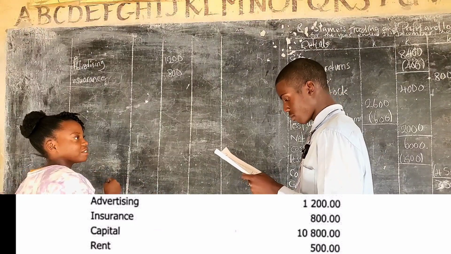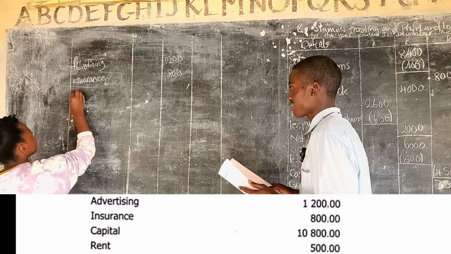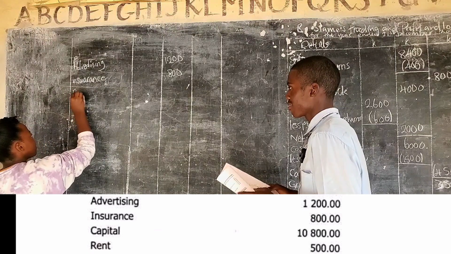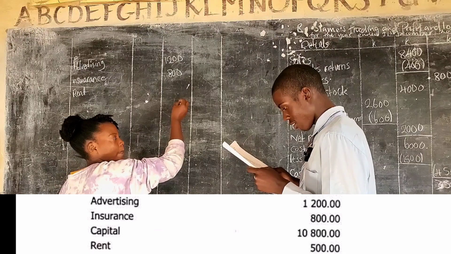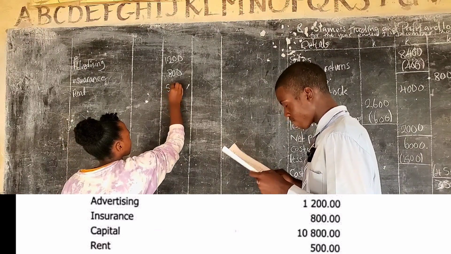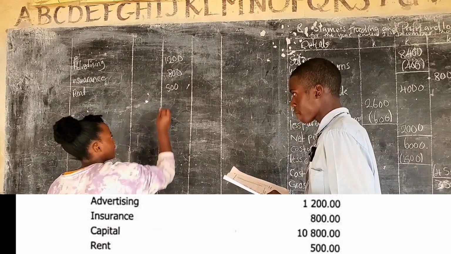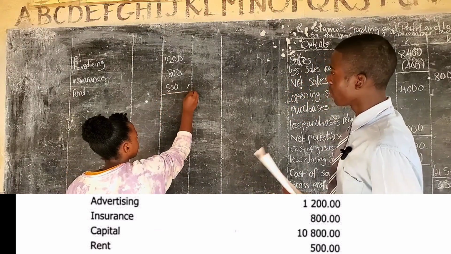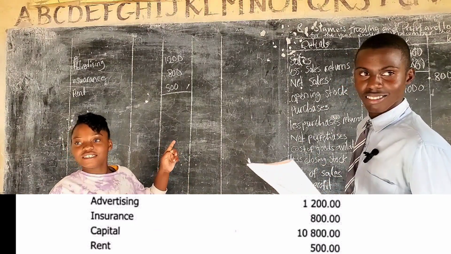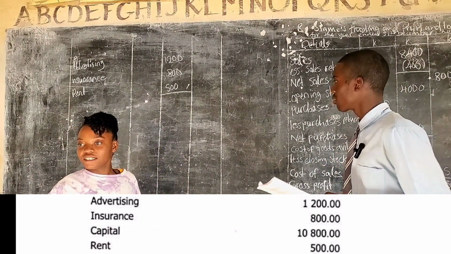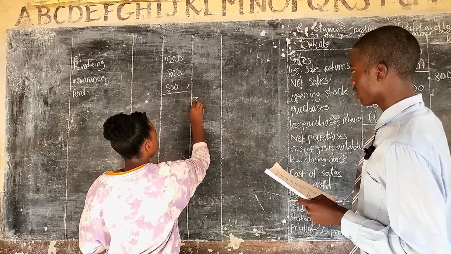Do you have another expense? Oh, we have rent. How much is it? 500. That's all, so we add. Guys, if we add this, how much are we getting? 3,400.